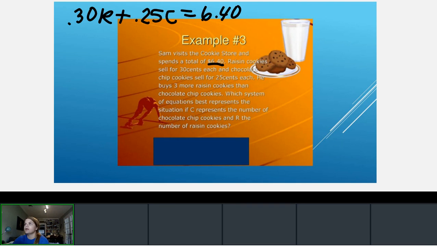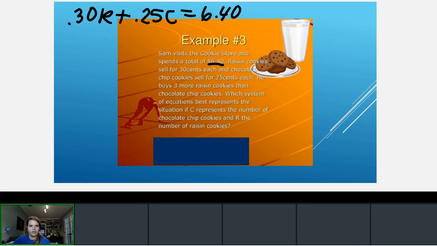Then he would have 4 raisin cookies. Does that make sense? So he's buying 3 more of the raisin than the chocolate chip. So our task is, how do we write that as a linear equation? We know our variables. R is for raisin, C is for chocolate chip.